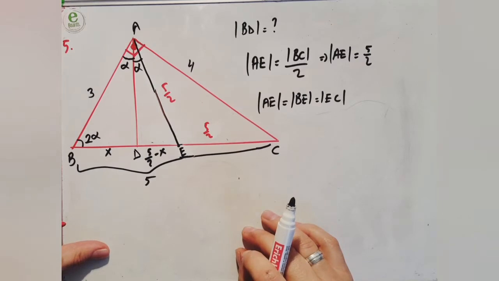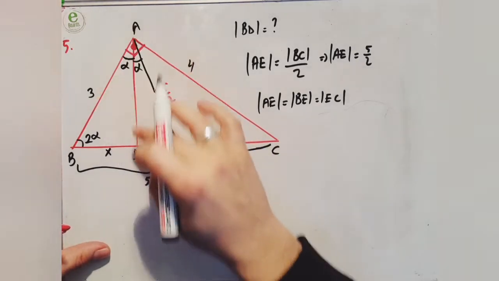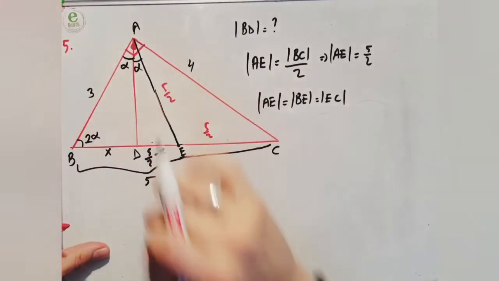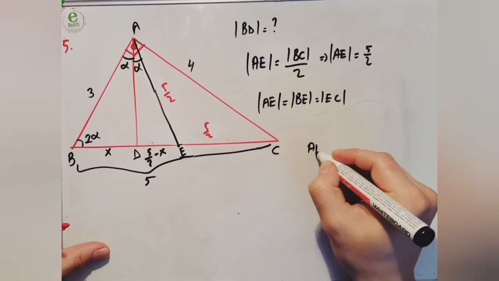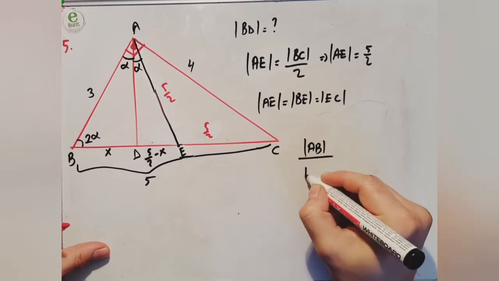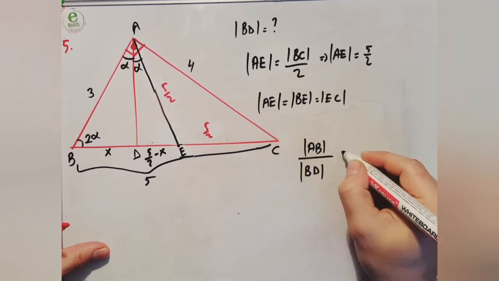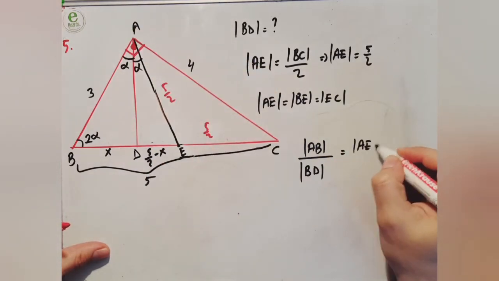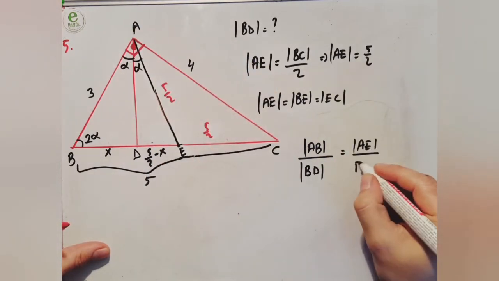And we can use here the angle bisector theorem. According to the angle bisector theorem in triangle ABE, the length of AB over BD is equal to the length of AE over ED.